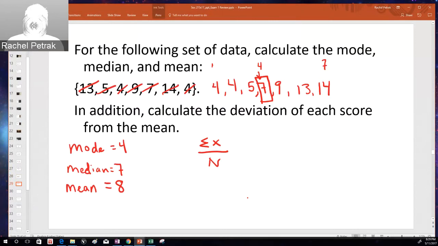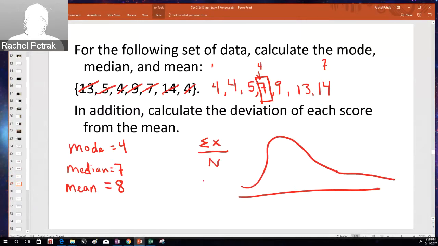Actually, probably not, because we can see that our mode is quite different than our mean, and our median is also different from the mean, and the trend is that they go in the same direction. So the distribution itself is going to look more or less like this, because the mean is always pulled in the direction of the skew. The fact that the mean is higher than the mode and the median tells me that this distribution has a positive skew.